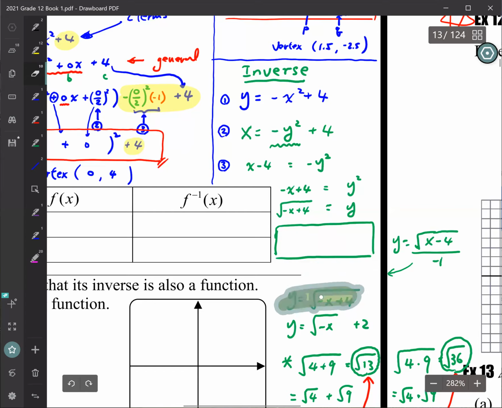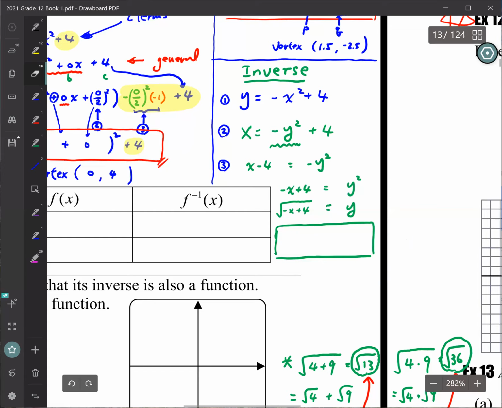However, it's not 100%. Can anybody point out what we are missing? Yes, Susan? The restrictions. Yeah, we'll need restrictions, but other than that, what else is missing in the inverse?